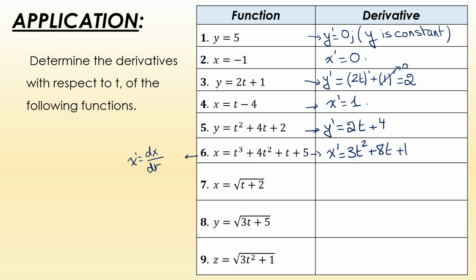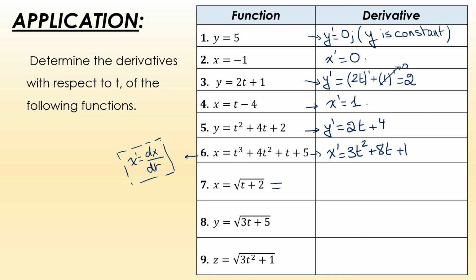Usually a lot of students get confused here because in mathematics, the derivative is with respect to x. We go to physics, the derivative becomes with respect to t. So once you understand the notation of having dx by dt or dy by dx or whatever you want to use, you will understand why some derivatives are with respect to x and some others we simply derive. In 7, we have x equals square root of t plus 2.